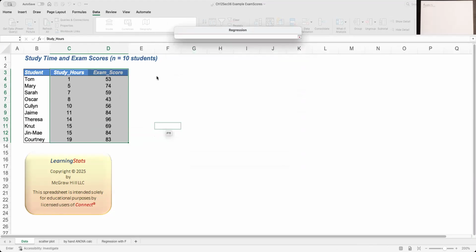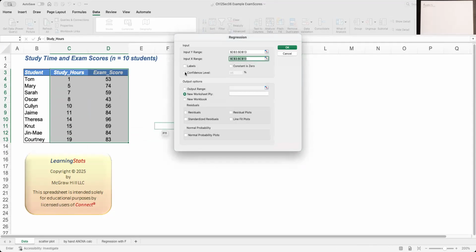X range is the study hours. Oop, I need all of the study hours, please. Thank you. Yes, there are labels. I'll make it a new sheet. I'm going to tick all of these boxes this time. So it's going to generate a bunch of stuff for me. But the first two are residuals and standardized residuals.